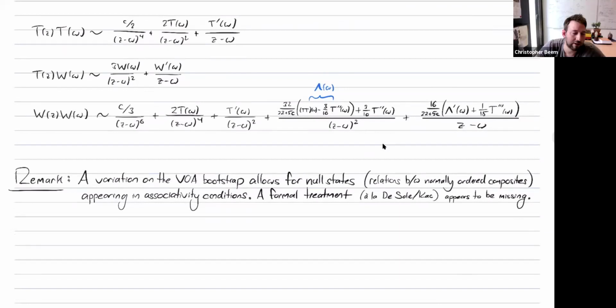And so at a given order in the z expansion, you're getting something which maps from a given Z-graded component of your state space to another given Z-graded component of your state space.